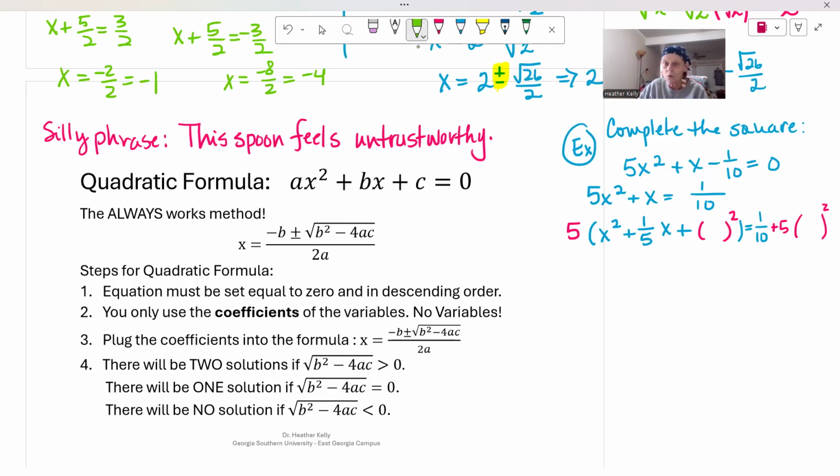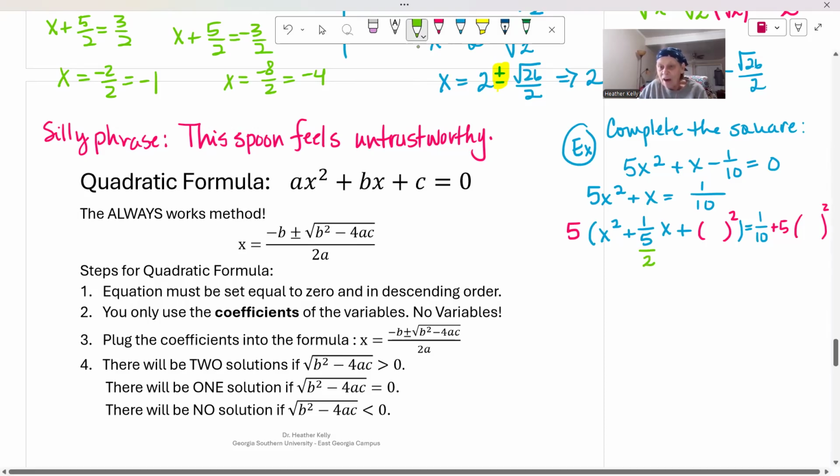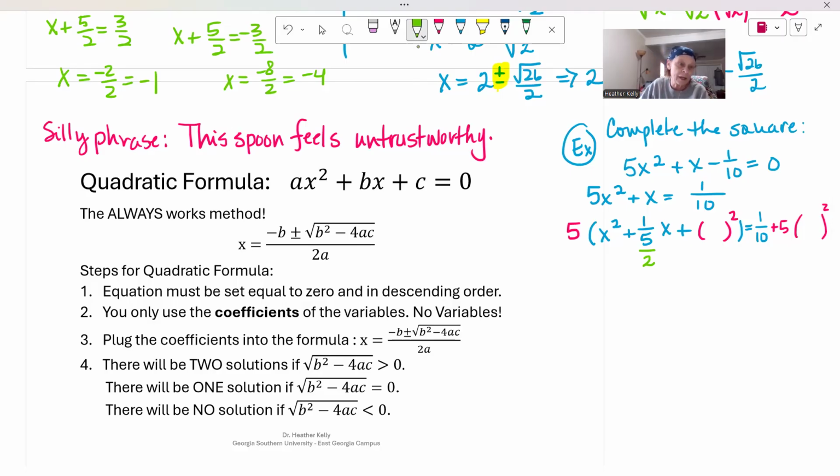The same thing that goes in the middle when it's a whole number: half of 1/5. 1/5 divided by 2 is equal to 1/5 times 1/2, which is 1/10.